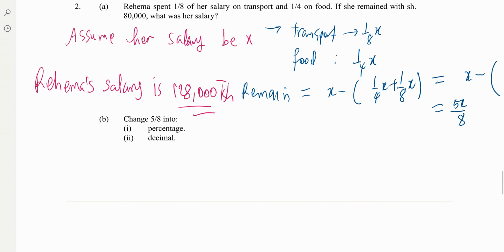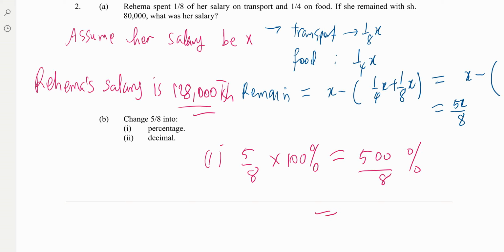We proceed: change 5/8 into percentage. You just multiply by 100%. So basically this is 500 divided by 8%.